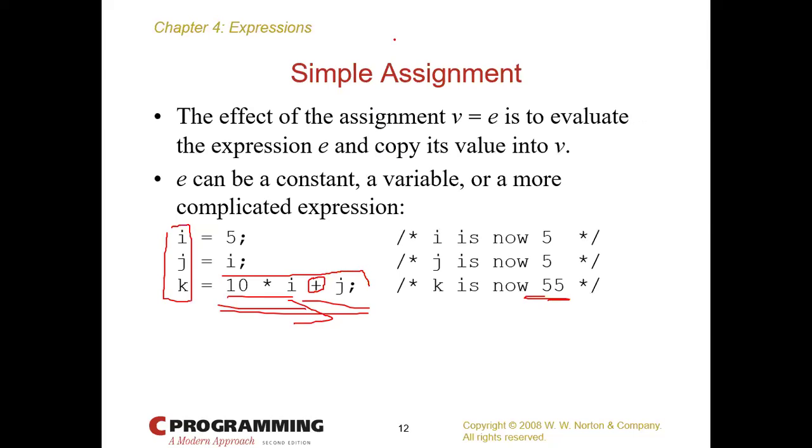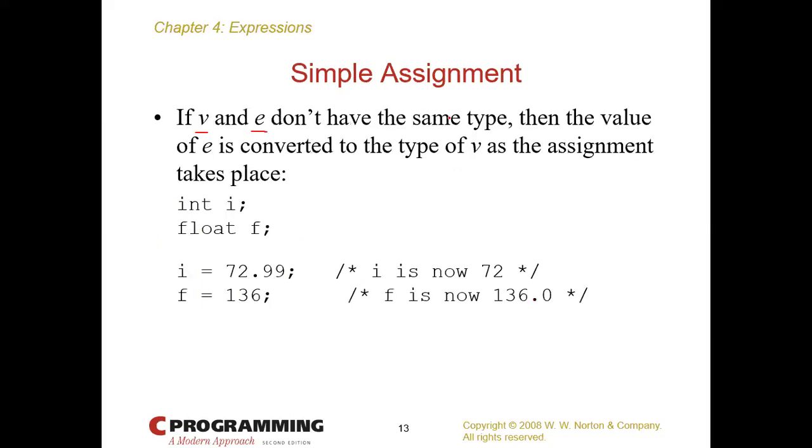So here we are assuming that V is equal to E. What is on the right hand side is E. What is on the left hand side is V. If V is integer and E is float, then the value of E is converted to the type of V.